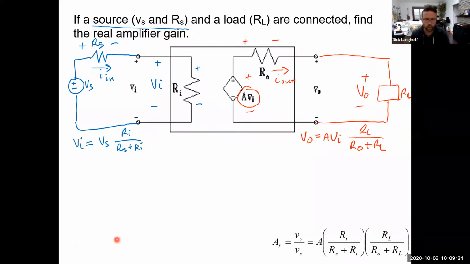We want to relate V out to VS, all the way through the circuit, from the source voltage VS, from some sensor or transducer like a microphone, to the voltage V out delivered to some device.